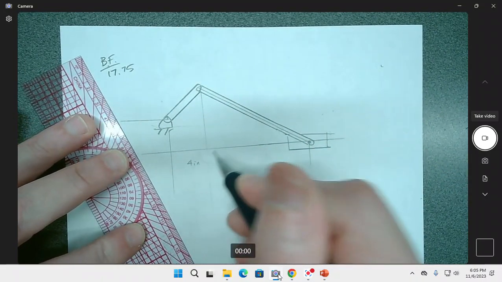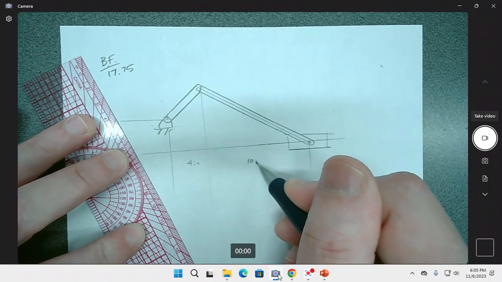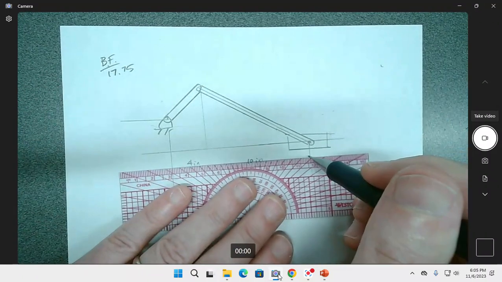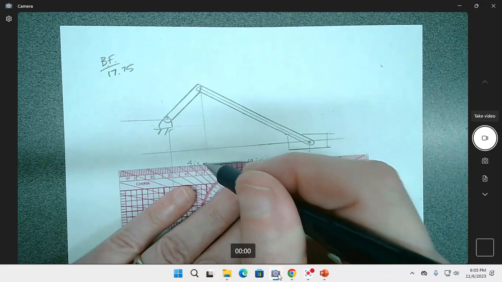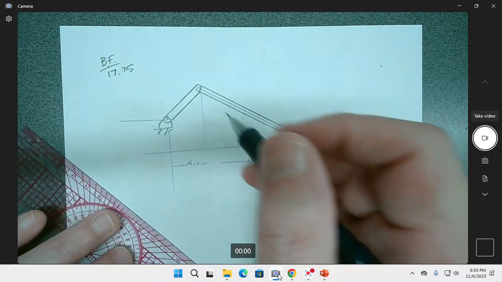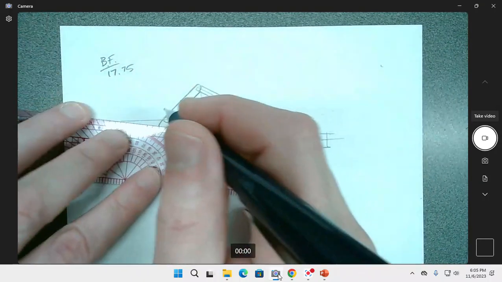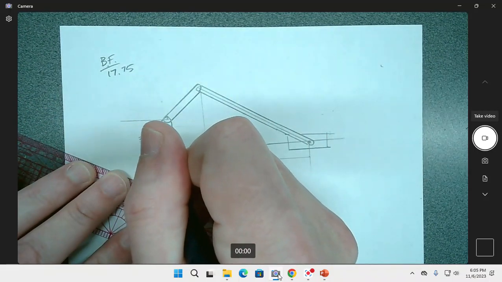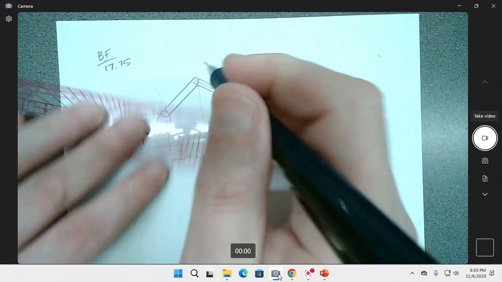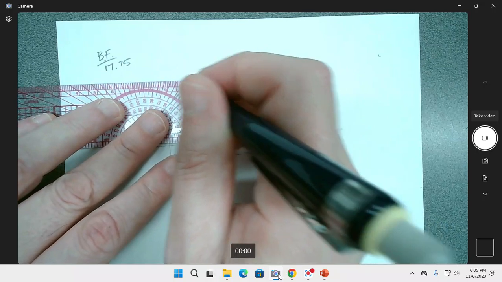This is 4 inches, and this is 10 inches going across. And this is 3 inches from there to there. And then this is 4 inches, so that's going to make that a 45.